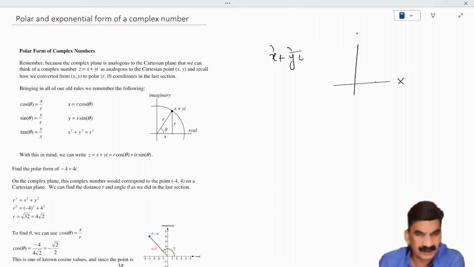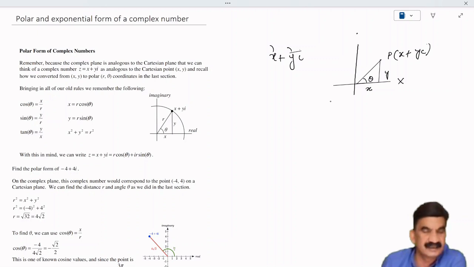So for any number, I go some distance x and then some distance y, and then I reach here. So I call it x, I call it y, and this point P, I call it x plus yi.